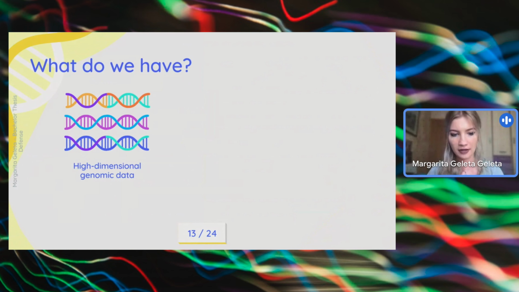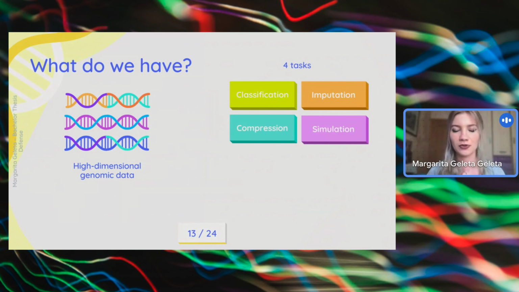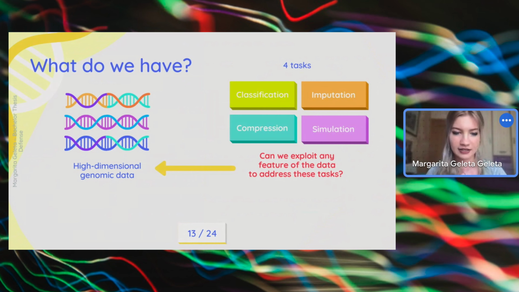What do we have? We have high-dimensional genomic data. We have 4 tasks to solve. Can we exploit any feature of the data to address these tasks? After an exhaustive exploratory data analysis on genomic data, I found out that genomic data has redundancies and spatial correlations.